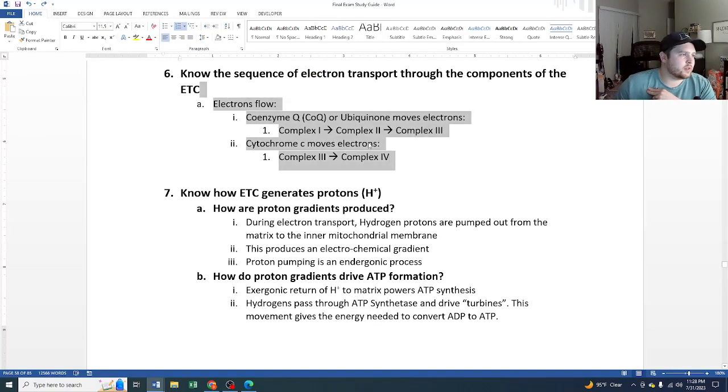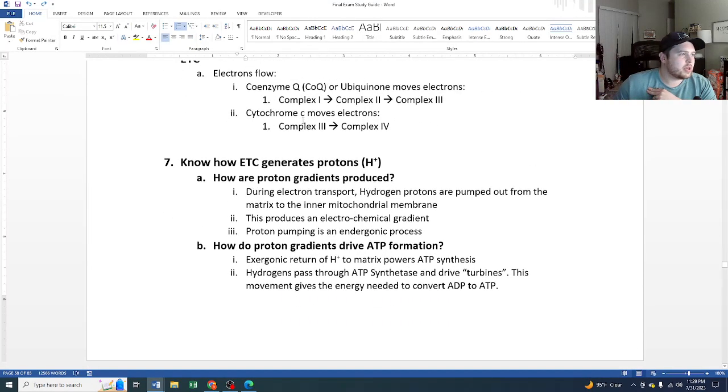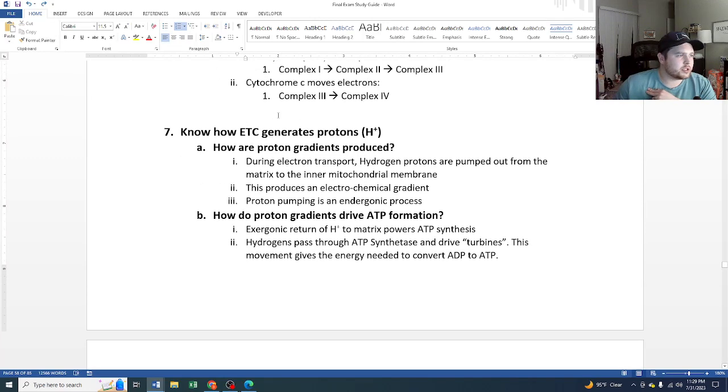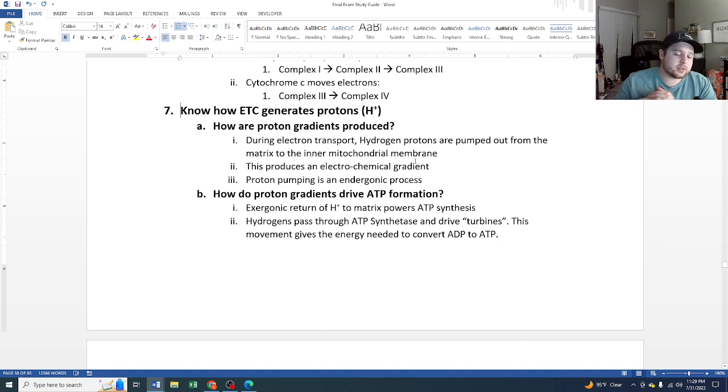There's the flow of electrons, how the electron transport chain generates protons. So that proton gradient and the protons themselves, the protons are coming from the NADH and the FADH2, and that's occurring from glycolysis and from the Krebs cycle.